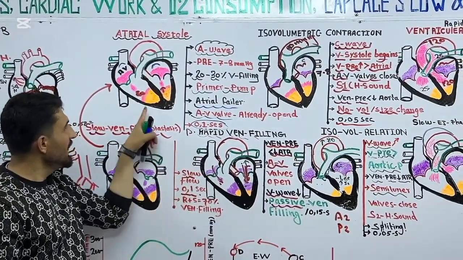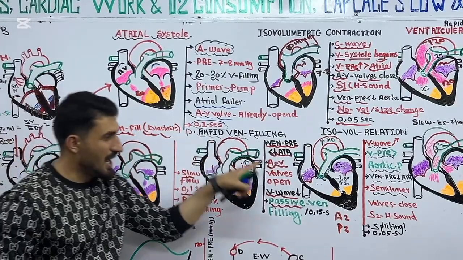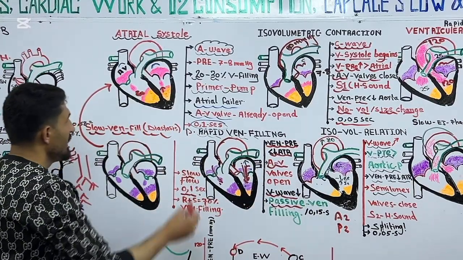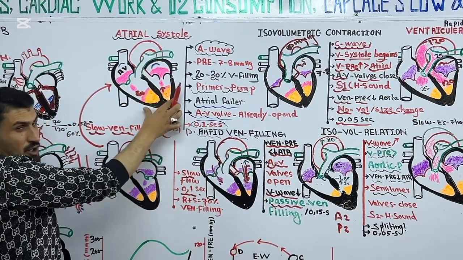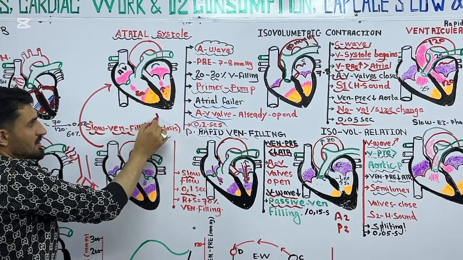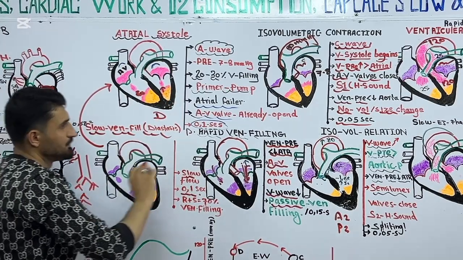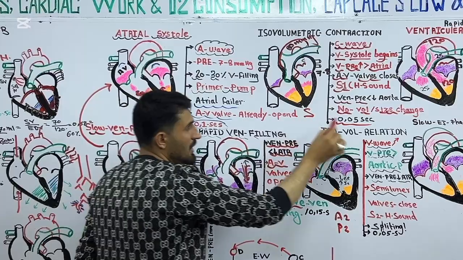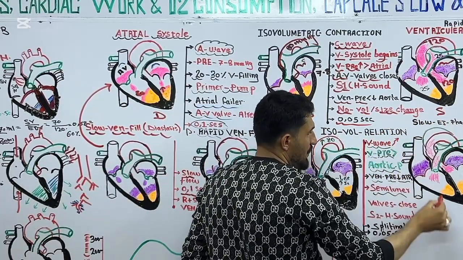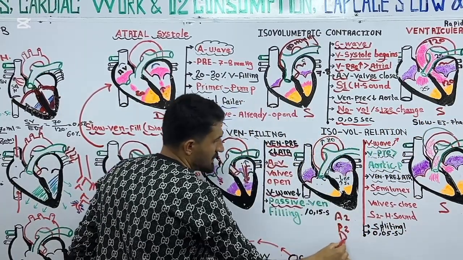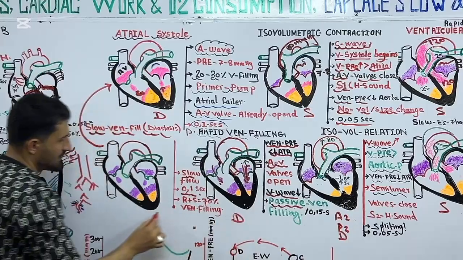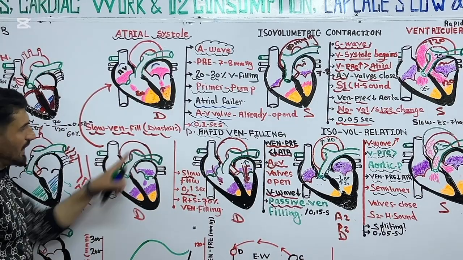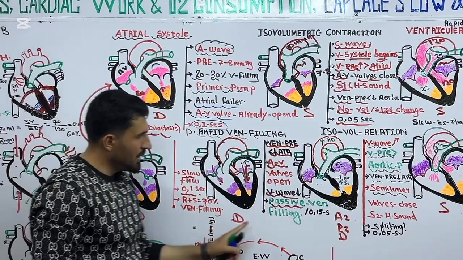Okay, so here we had systole and diastole phases. For example, this phase of the ventricle, I'm talking about the ventricles, was diastole. This was systole, this was systole, this was systole, this was diastole, this was diastole, this was diastole. So one diastole, two, three, four.